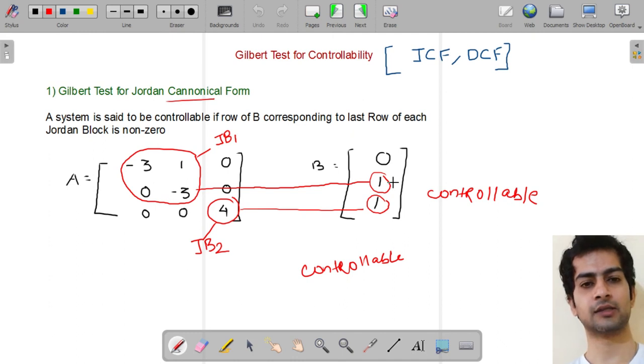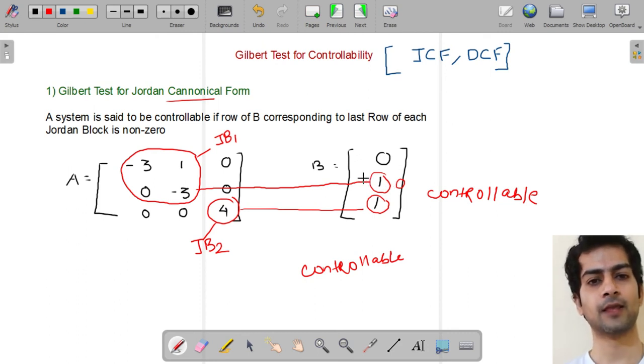That is, suppose here we are having 1 and there is another element 0, then also my system will be controllable because not all elements of this row are 0. So this row should be non-zero.